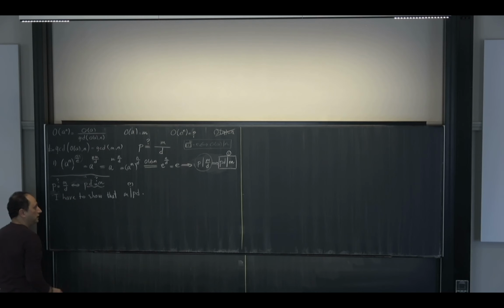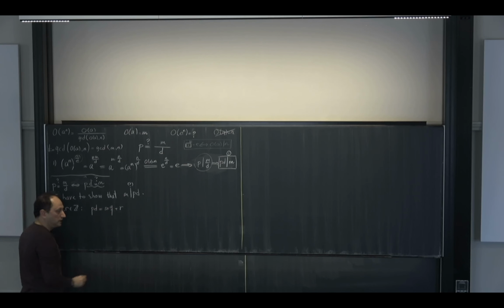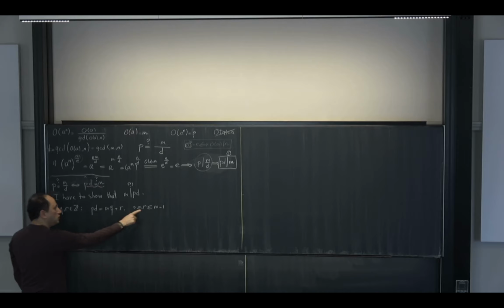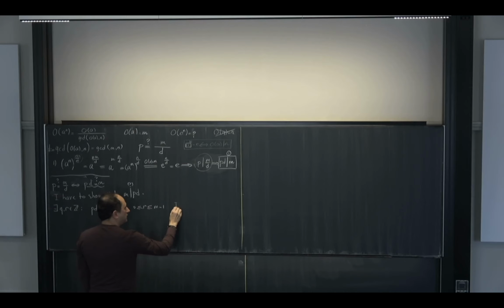So instead of proving this, I would say that there exist integers Q and R such that PD is equal to MQ plus R, and R is between 0 and M minus 1. If R is equal to 0, we are done, because I want to prove this. So if R is 0, we are done.